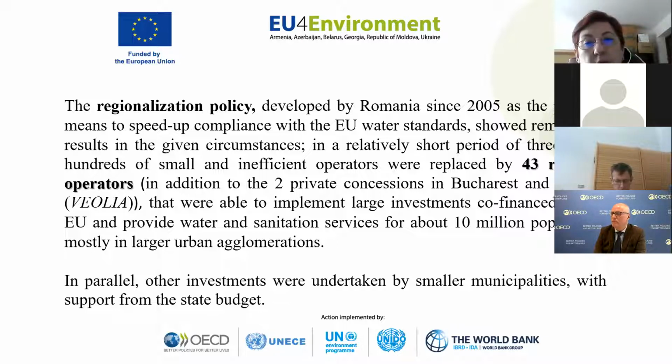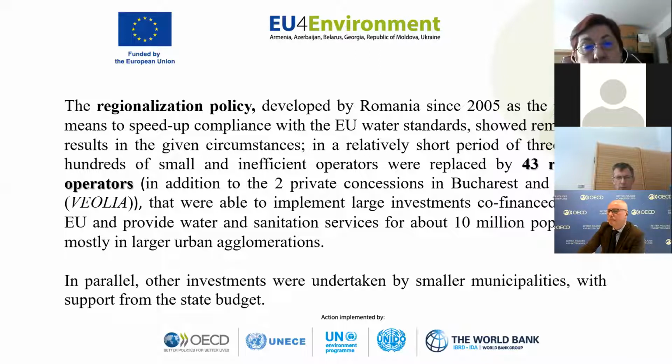When the regionalization process came to an end, it was possible to have 43 regional operators covering at county level, but also 2 private operators supplying services in Bucharest and in Ploiești, and these private operators were actually Veolia entities.